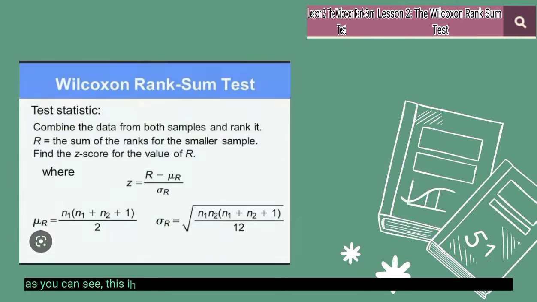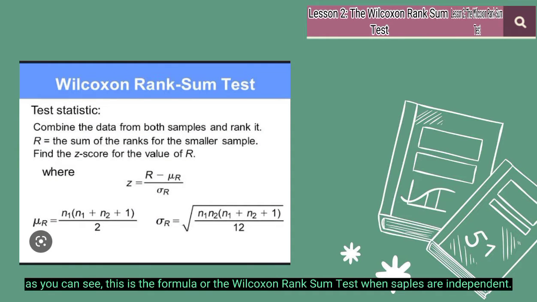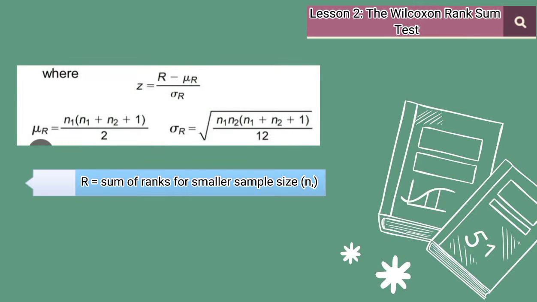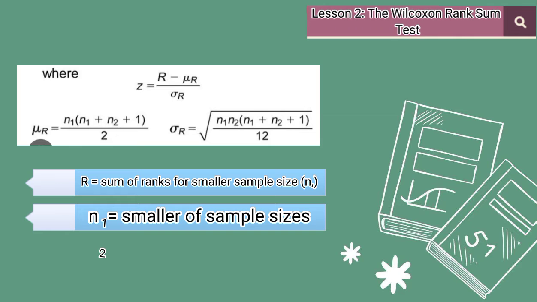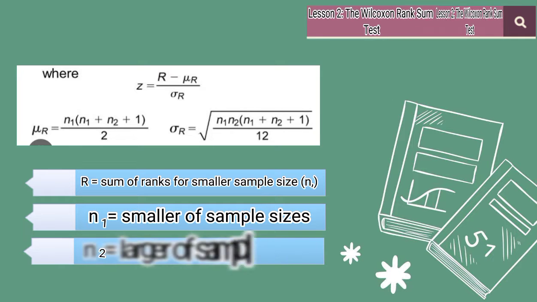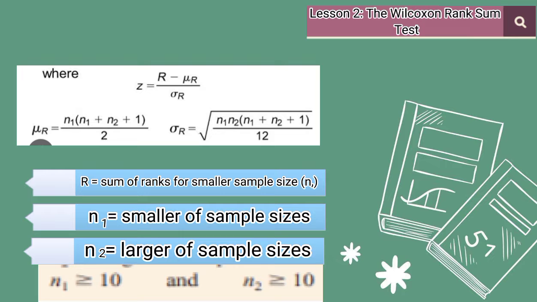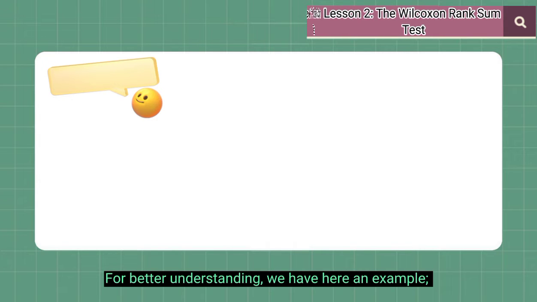As you can see, this is the formula for the Wilcoxon Rank Sum Test when samples are independent, in which R is the sum of ranks for the smaller sample size. N sub 1 is the smaller of the sample sizes, and N sub 2 is the larger of the sample sizes. N sub 1 is greater than or equal to 10, and also N sub 2 is greater than or equal to 10. For better understanding, we have here an example.